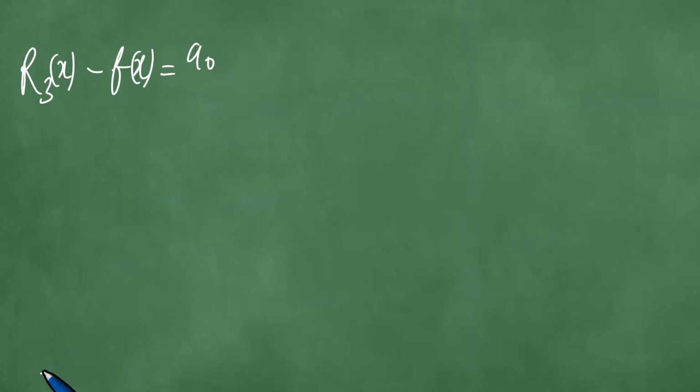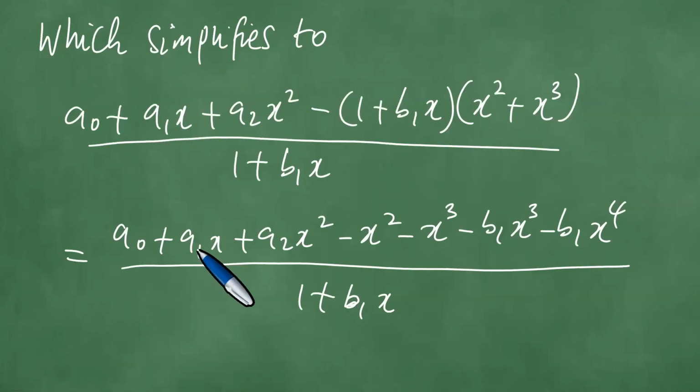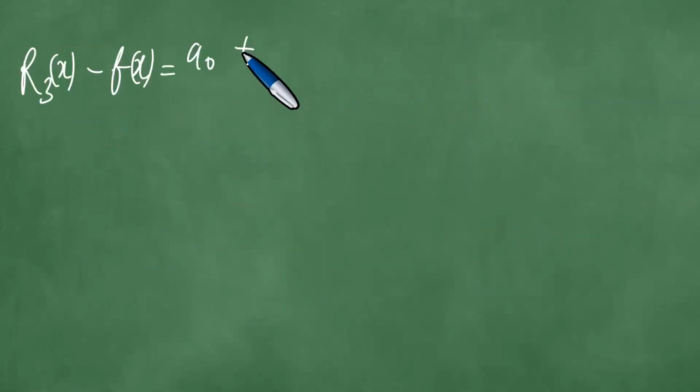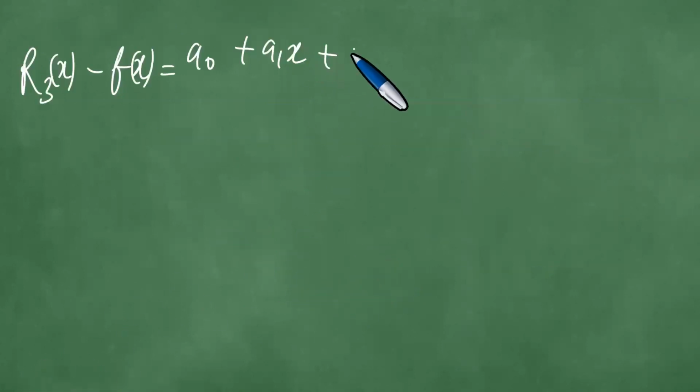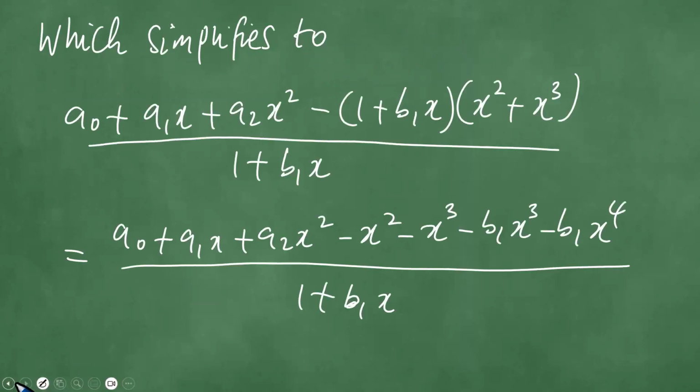a0. And then how many linear terms in x are there? There's only this one. So it is plus a1x. And then the x squared terms are going to be this quadratic and that quadratic. So it's going to be a2 minus 1. So x cubed is going to be this one and this one.